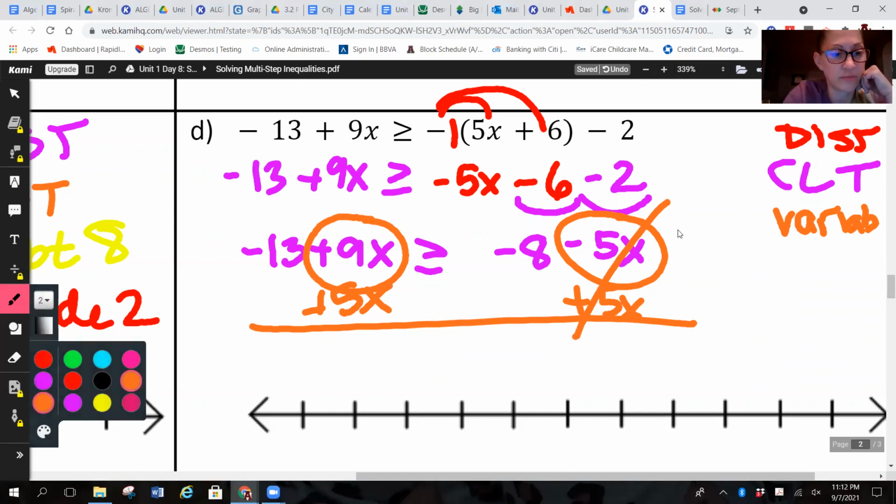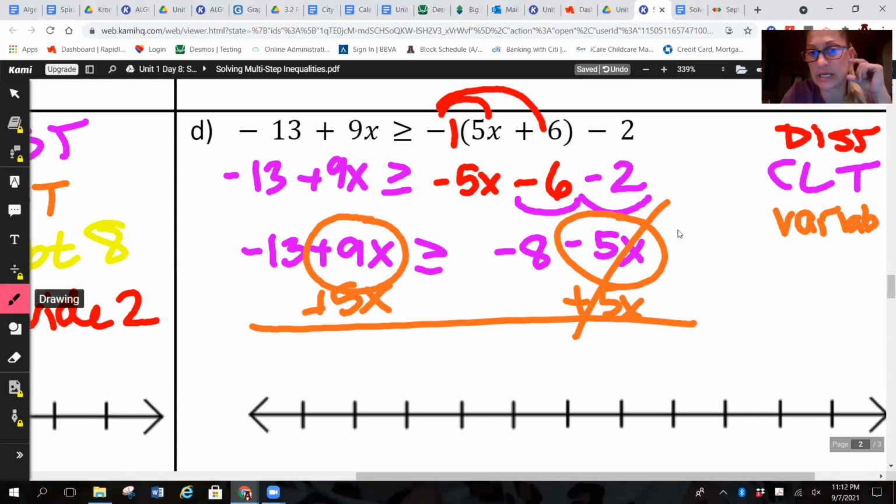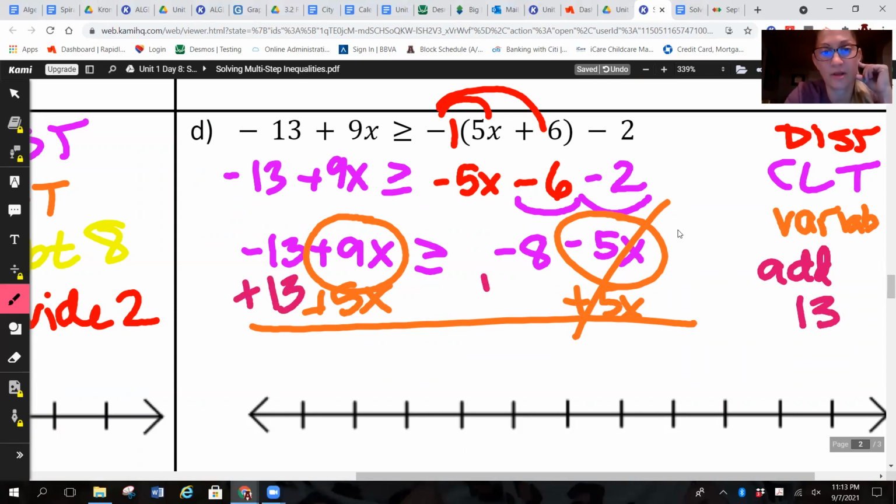I'm running out of room, so I'm just going to do this next step. I'm going to add the constant to both sides. So if I'm going to bring 5x to the left side, I need to bring 13 to the right side.